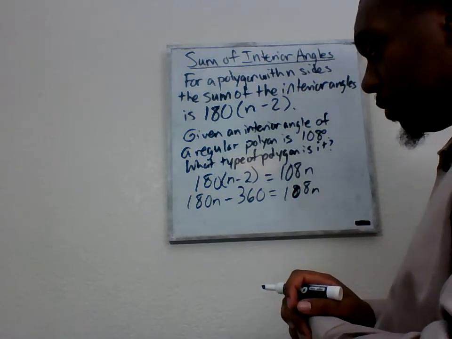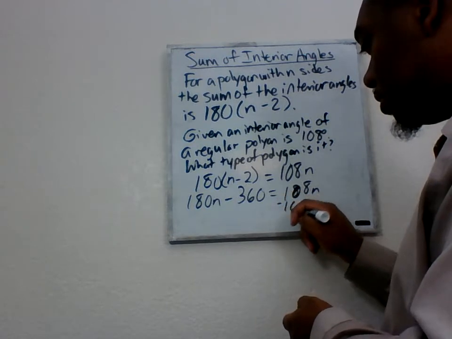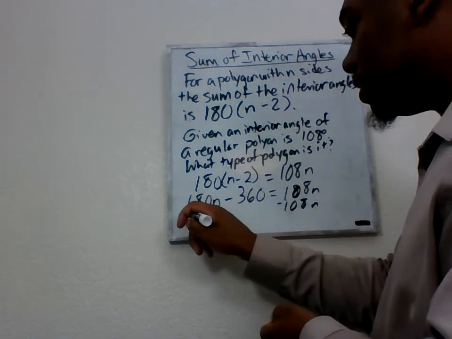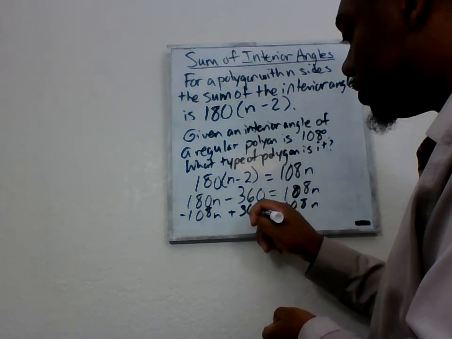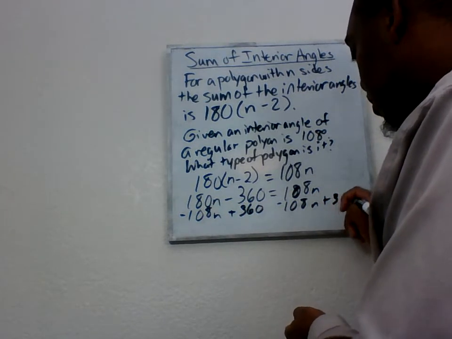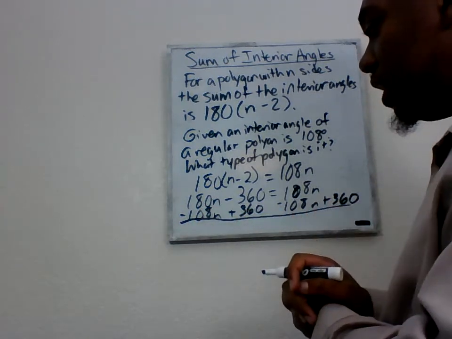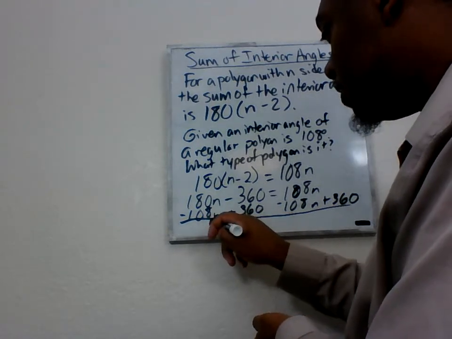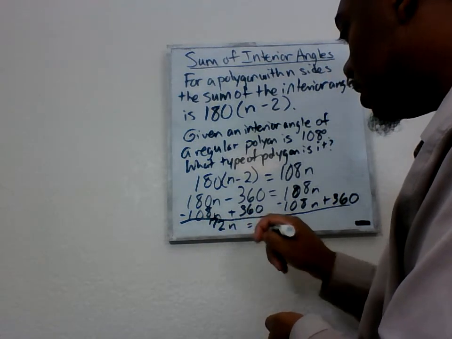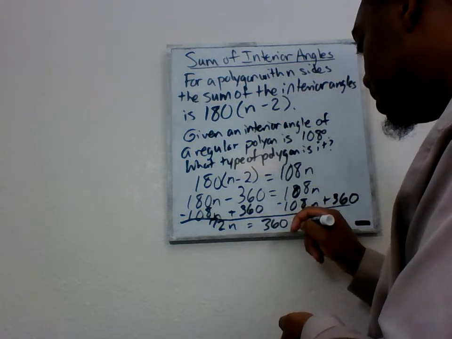All right. Now, if I wanted to, I could subtract the 108n on both sides. And I could also add the 360 on both sides. Okay. And if I were to do that, I will end up with 72n equals 360 degrees.